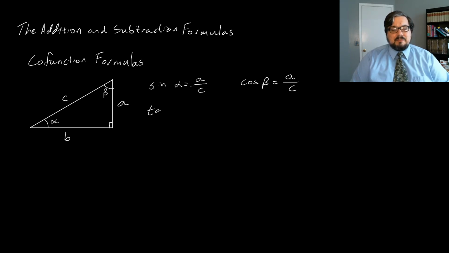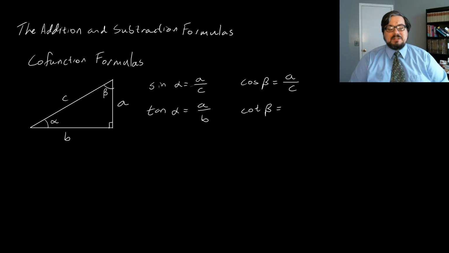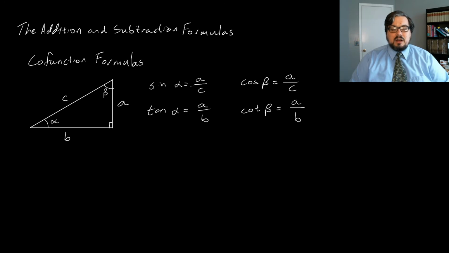Similarly, if I take tangent of alpha, that will be A over B. And if I take cotangent of beta, remember tangent is opposite over adjacent, so cotangent will be adjacent over opposite. And again, we see that they're the same, that tangent of alpha and cotangent of beta are the same.